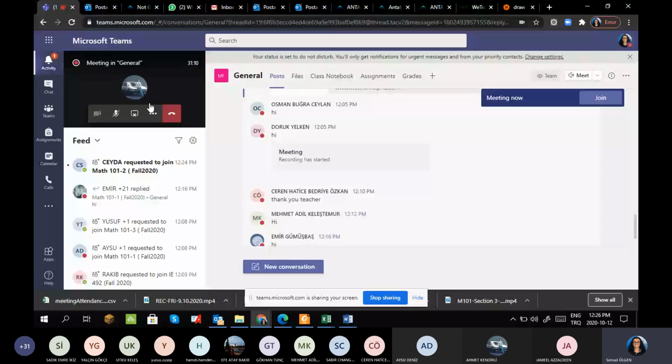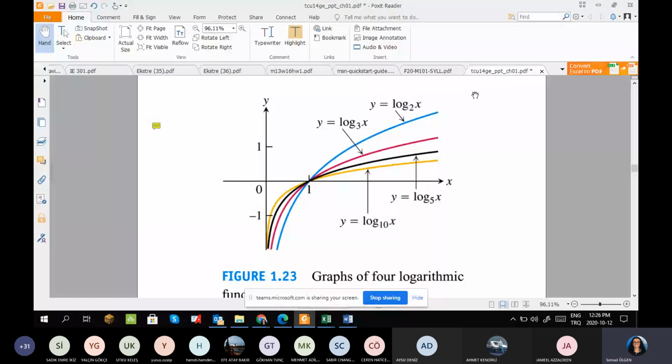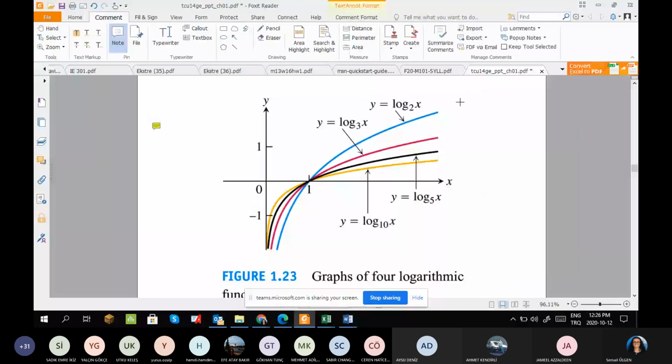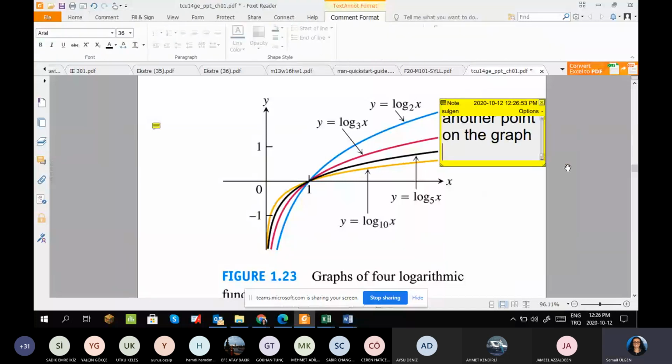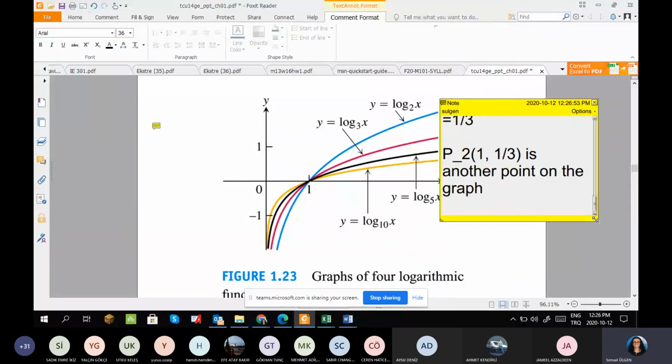So I'm back with you here. So what we're going to do is comment on this. Okay, copy paste, because I'm going to change that to logarithmic functions here.